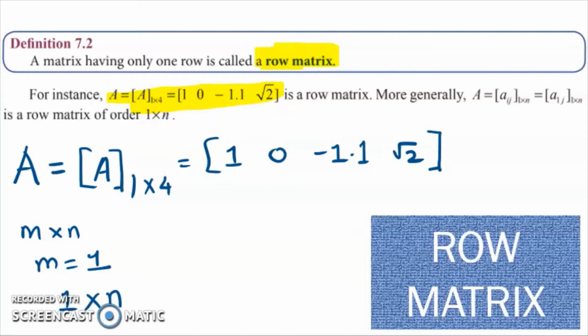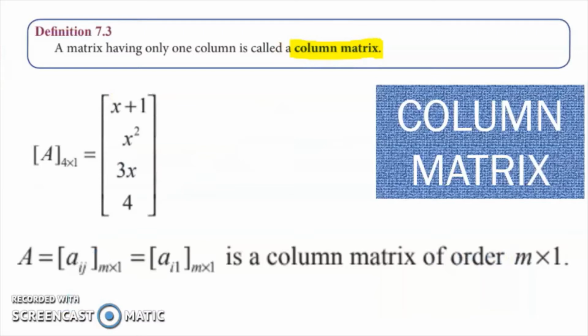Next, let's see what is a column matrix. Again, as the name states, a column matrix is a matrix that will have only one column. So here we have in this matrix that you have just one column. So it's a matrix with just one column.